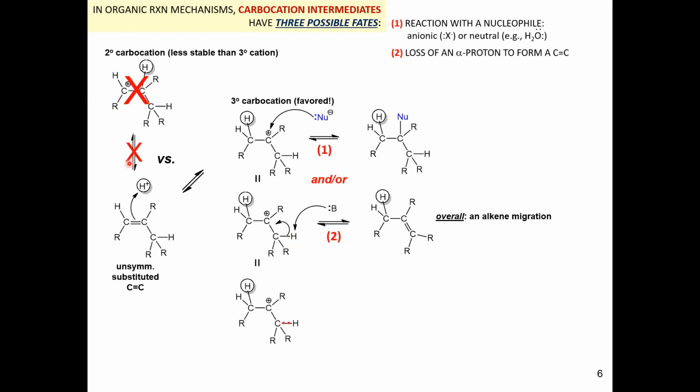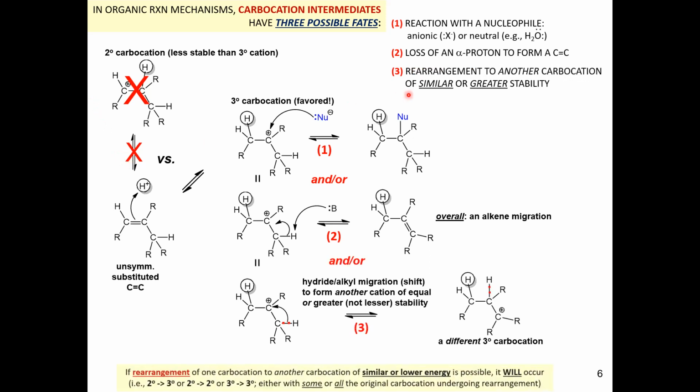The third possible fate would be the rearrangement of that carbocation to another carbocation of similar or greater stability. So it would never rearrange to a carbocation of lesser stability, only to a more stable carbocation or one that has a similar energy.